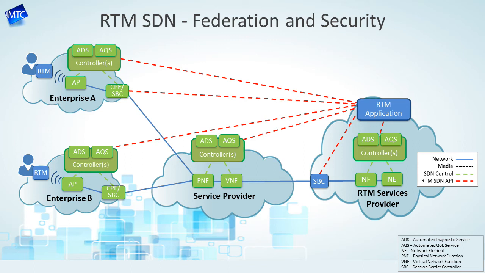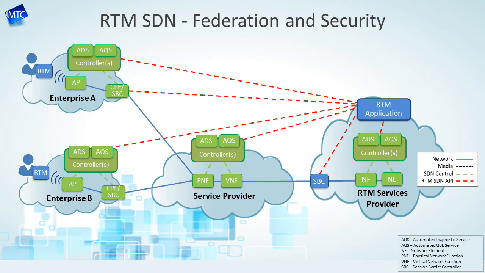You want to do topology hiding if you don't want to expose the whole topology within your enterprise to the outside network or the service providers or even the RTM application provider. Then you can have a session border controller in there, and you can hide the topology. And you want the session border controller to be able to hide your topology and at the same time share the relevant diagnostic information using the RTM SDN API towards the RTM application, so that all the diagnostics and QoS reservation work fine.